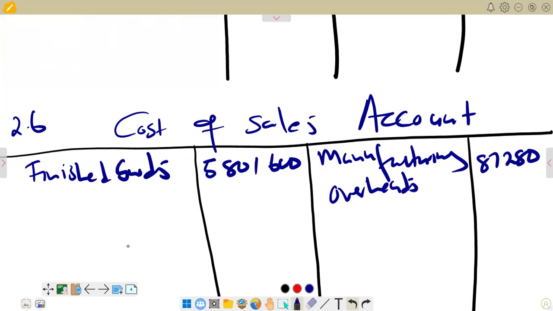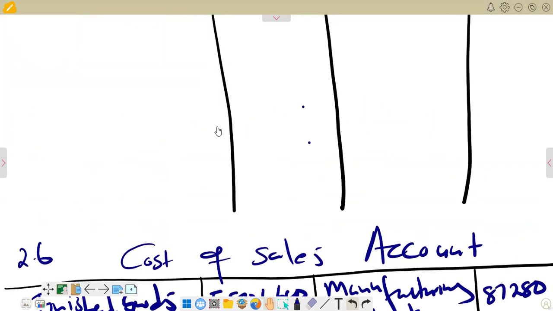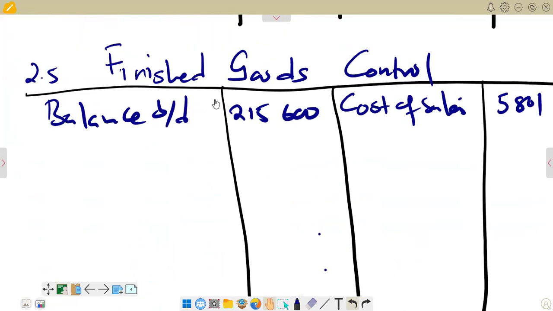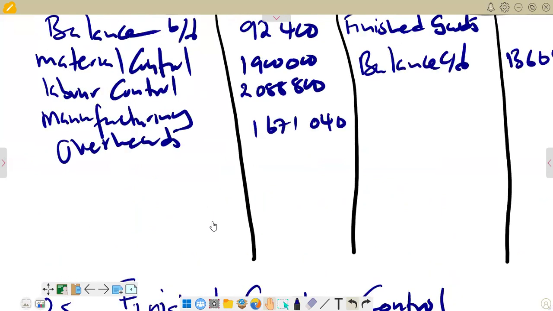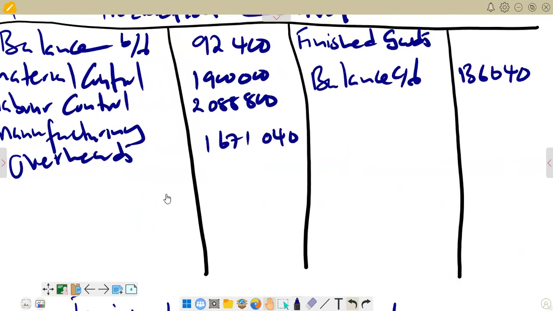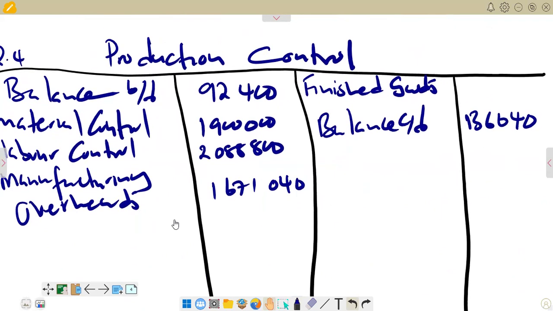Remember, we can also balance our production control since we have entered all the necessary entries that were supposed to be entered in production control. So we can go back and see what we have in production control. So this is our production control.